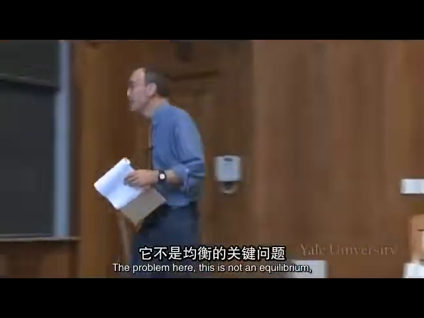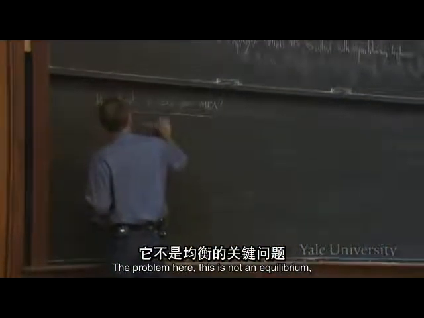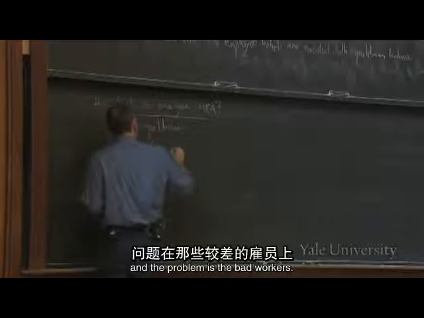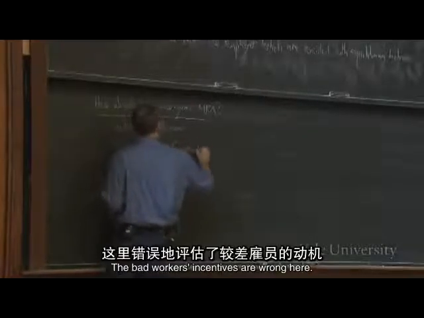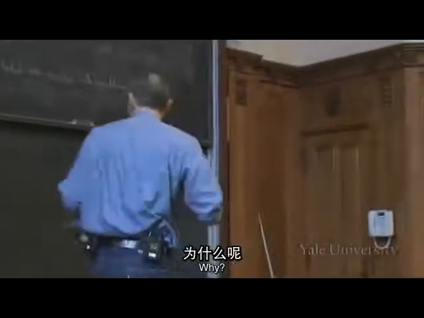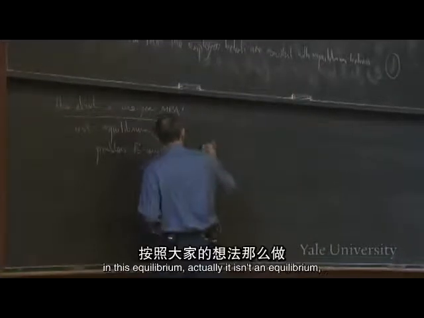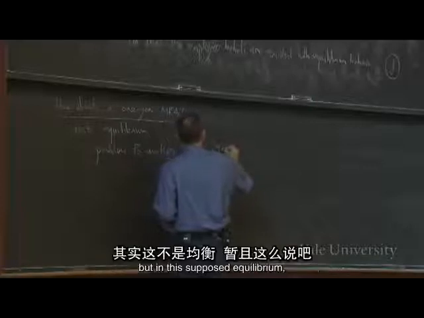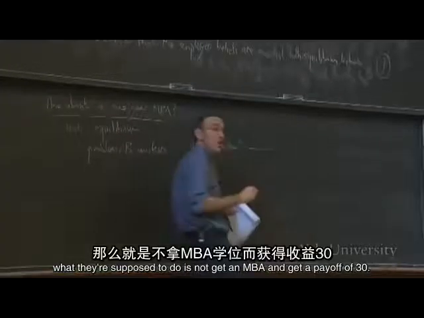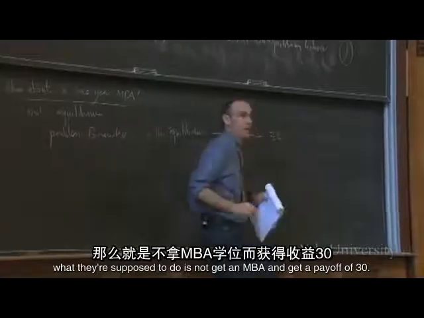The problem here, right, this is not an equilibrium. It's not an equilibrium, and the problem is the bad workers. The bad workers' incentives are wrong here. Why? Because in this supposed equilibrium, what the bad workers are supposed to do is not get an MBA and get a payoff of 30.